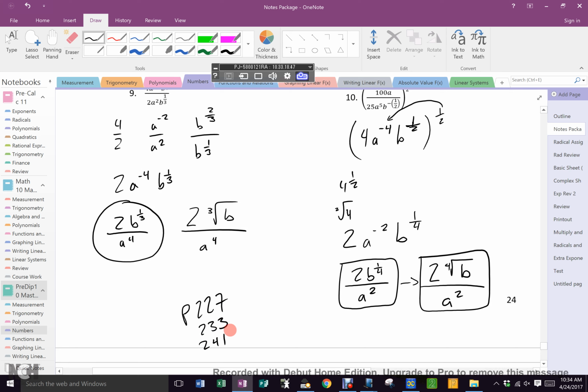Okay? When do I expect all that done by? Wednesday. On Wednesday, we are going to work in class on an exponent assignment. Wednesday. Because tomorrow is Radicals Quest Day. Okay?